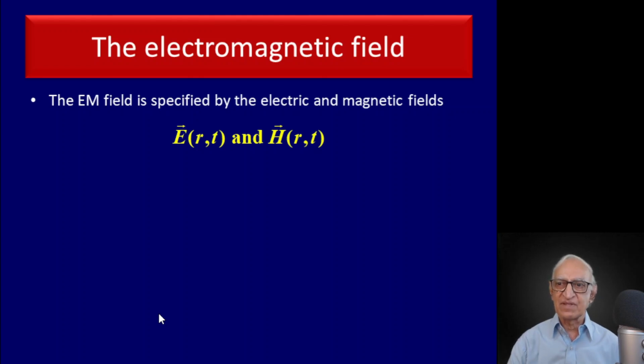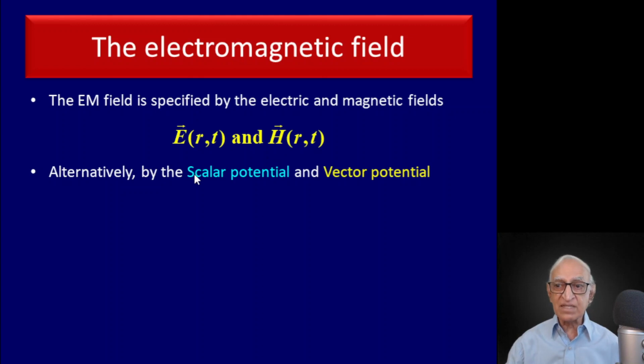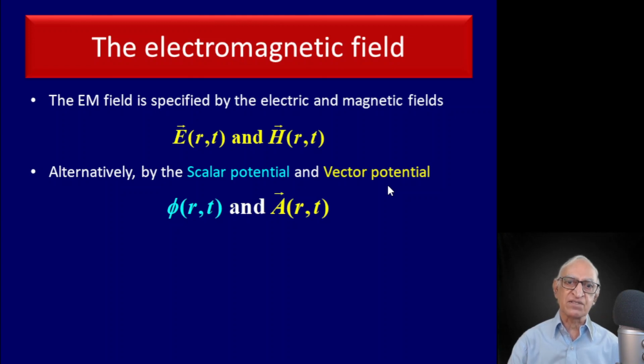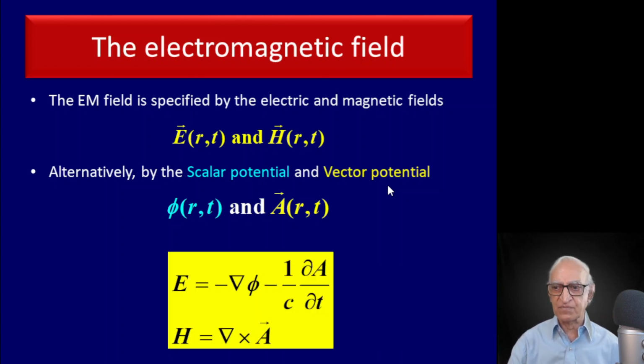Let's begin. The electromagnetic field is specified by the electric field and the magnetic field. Both are functions of position as well as time. Alternatively, you can use a scalar potential, usually denoted by phi, and a vector potential, usually denoted by A. Both phi and A are once again functions of the position as well as time.